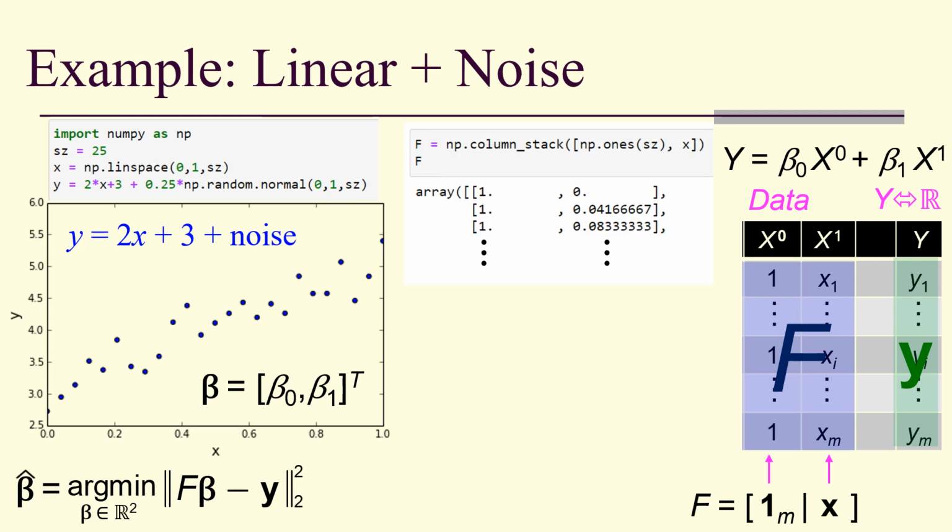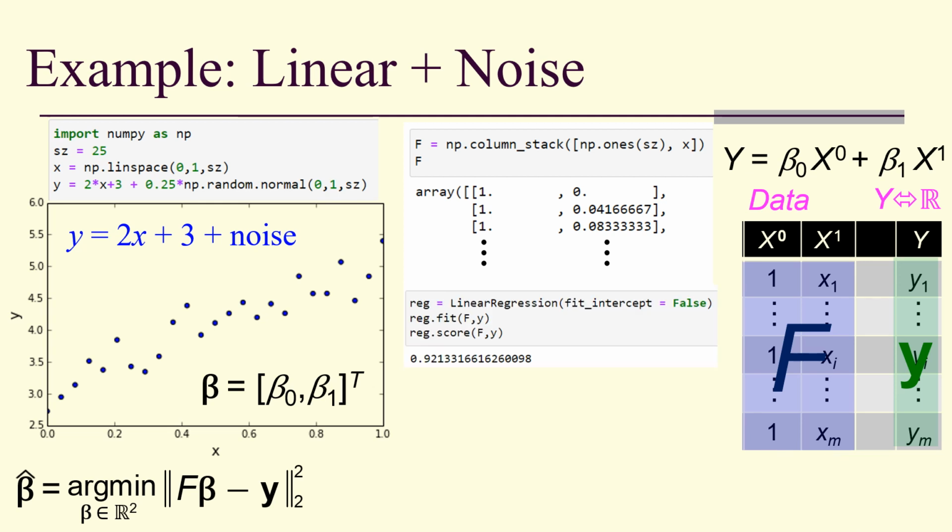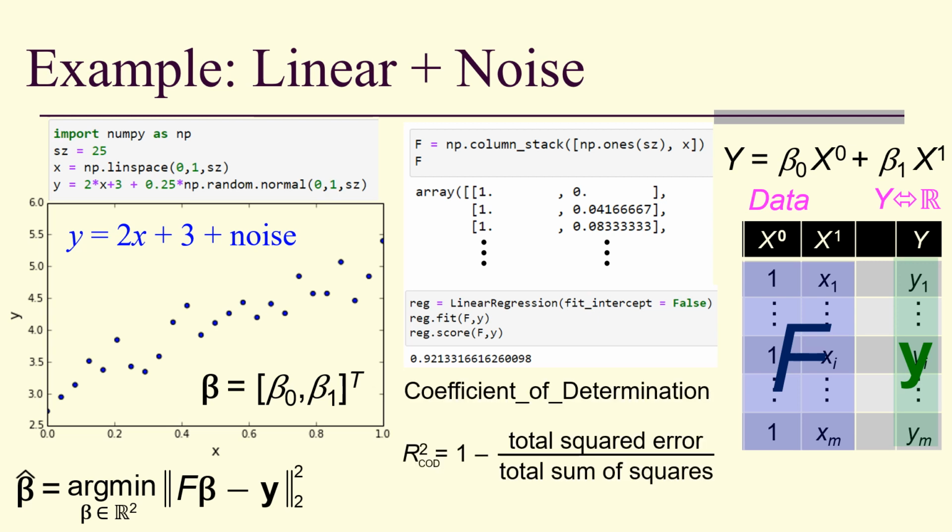So here is the Python for that. So here is our linear regression, not fitting the intercept because we're actually calculating the beta naught on our own. So the score here is 0.92, and that's the coefficient of determination. And it's 1 minus the residual sum of squares over the total sum of squares.